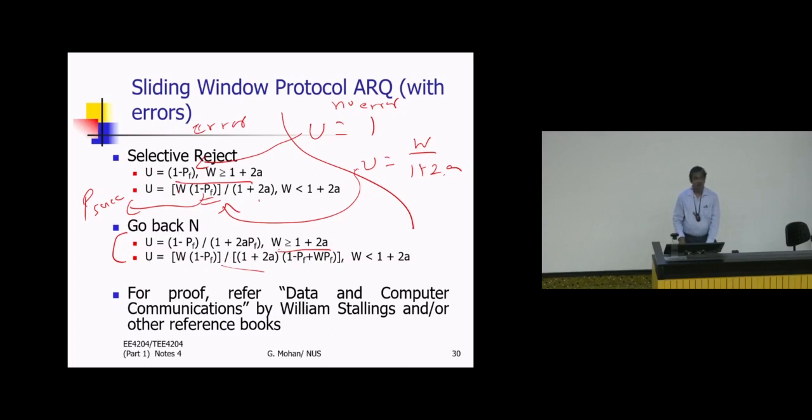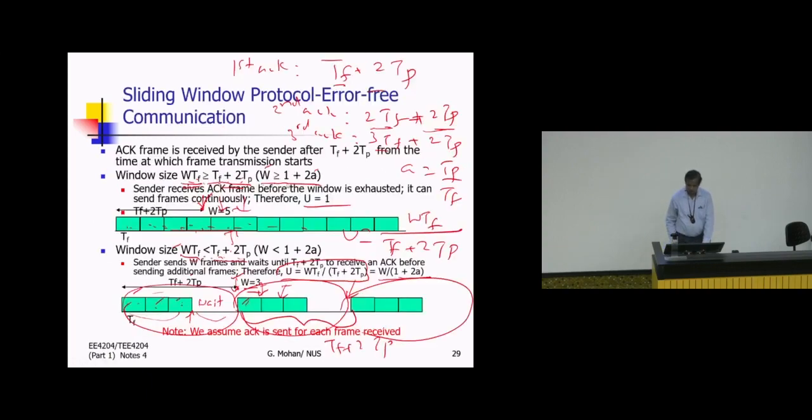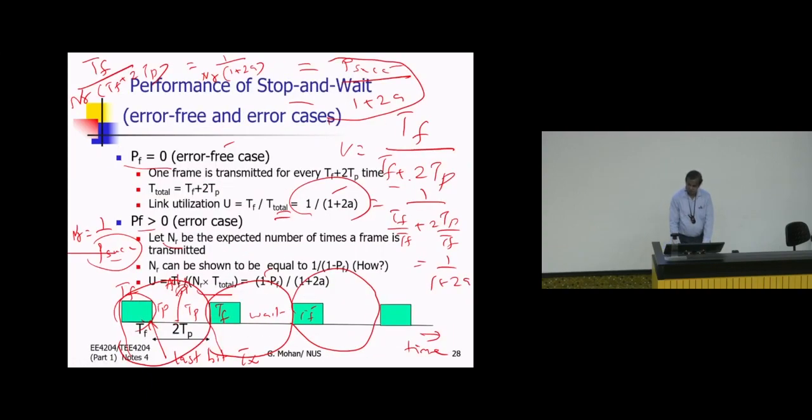Any doubt? As I said, the acknowledgement time is not included, but if you want to include acknowledgement transmission time, then the denominator will change. It will be TF plus 2TP plus acknowledgement transmission time, right?